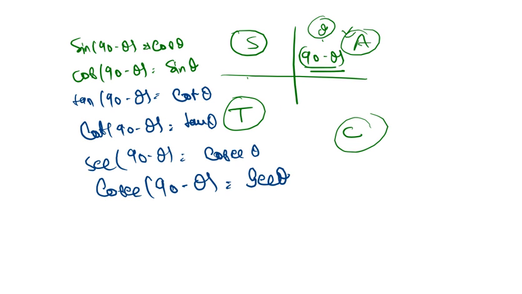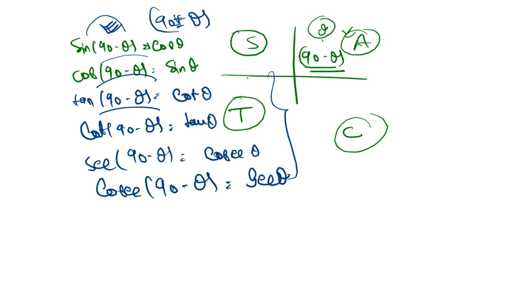Like this it changes. This change occurs when it is 90 plus or minus theta. So whenever you do 90 plus or minus theta, you change sine to cos, cos to sine, tan to cot, cot to tan, sec to cosec, and cosec to sec.